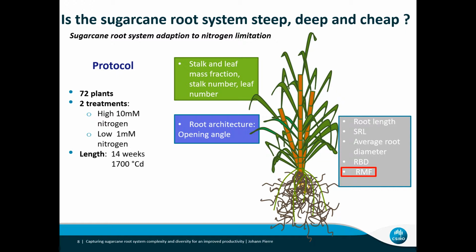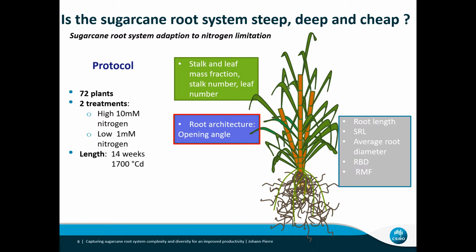We also showed that the low nitrogen plants did not have a steeper root system opening angle, but they had nearly 50% of their root system volume located in the bottom 30 centimeters of the root system, while the high nitrogen plants had most of their root system volume in the top 60 centimeters of the root system.